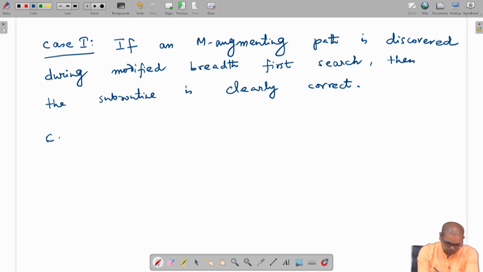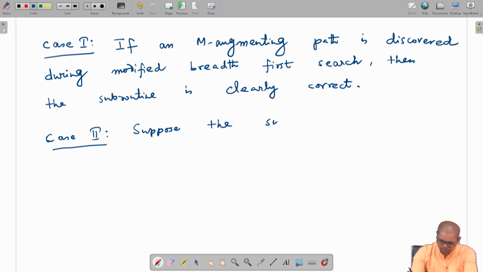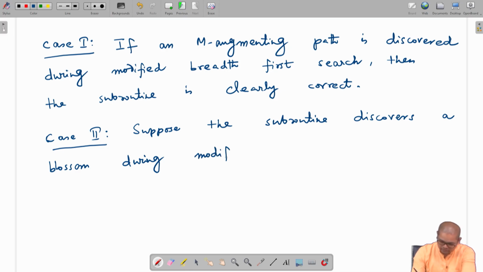Case 2, suppose the subroutine discovers a blossom during modified breadth first search.